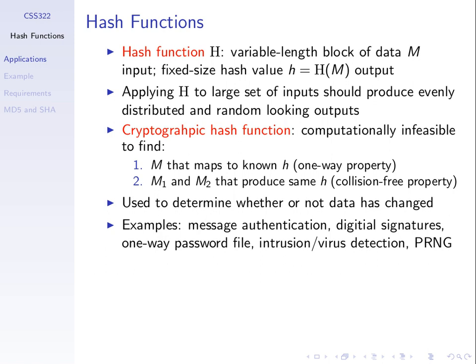That would be a collision. That will cause problems when we apply this for security purposes. So when we use a hash function for cryptography, we generally require these properties: the one-way property and the collision-free property. We will state those properties with a bit more detail later.